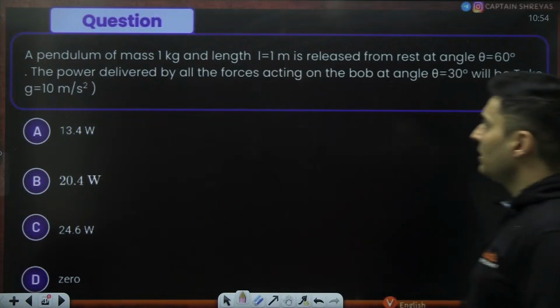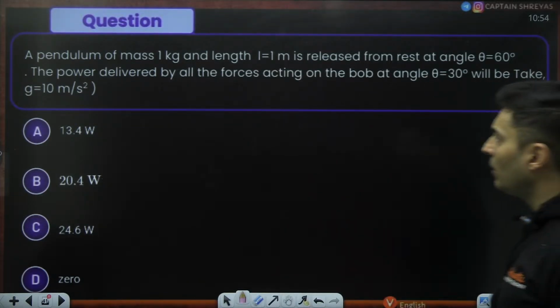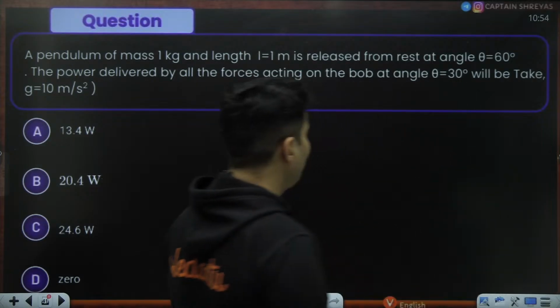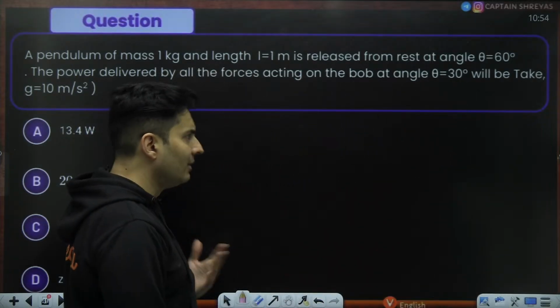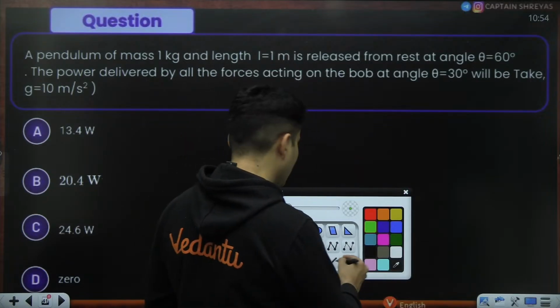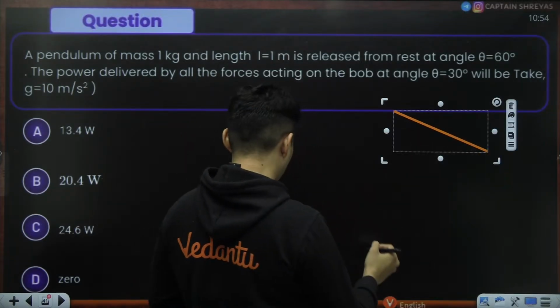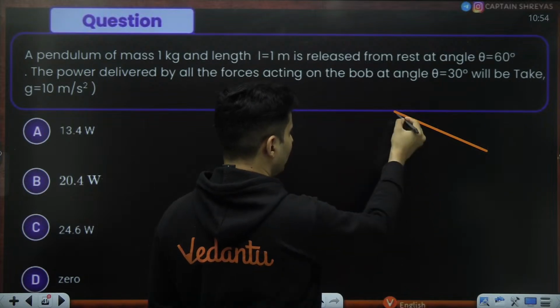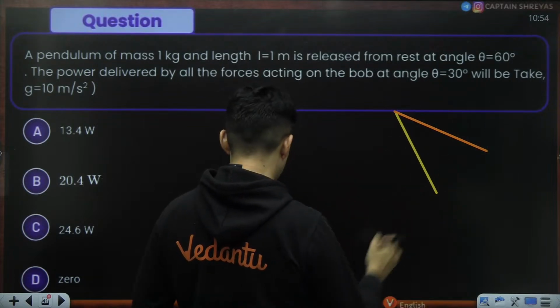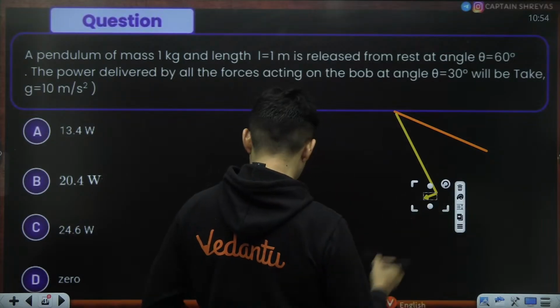A pendulum of certain mass and length is released from rest at some angle. The power delivered by all the forces acting on the bob at 30 degrees will be how much? Take G as this much. Okay. So see guys, the bob of the pendulum is released from 60. Eventually it will make some new angle, let's say 30 degrees somewhere over here, and it will be having some velocity like this.